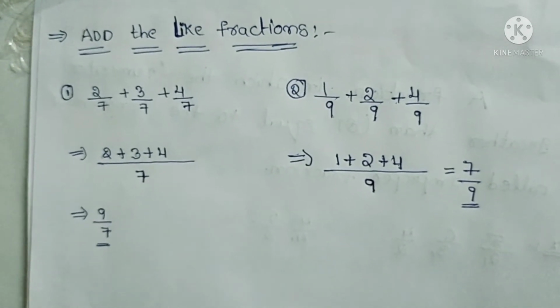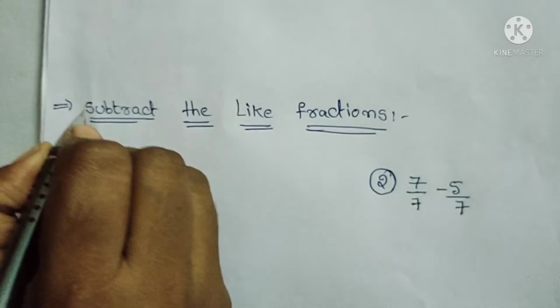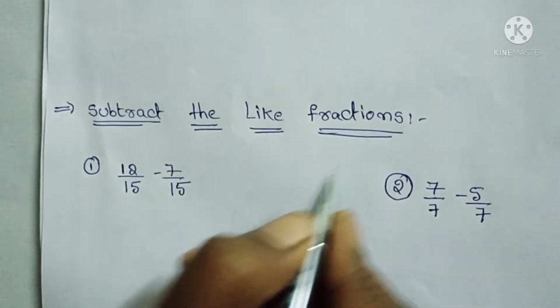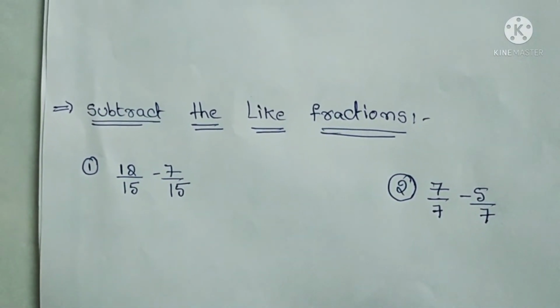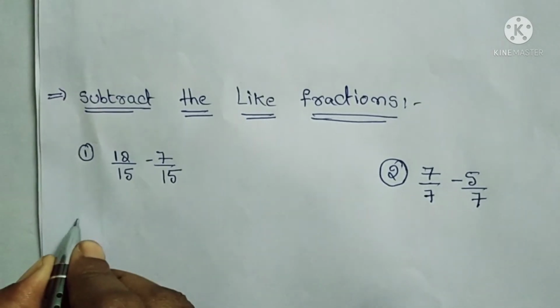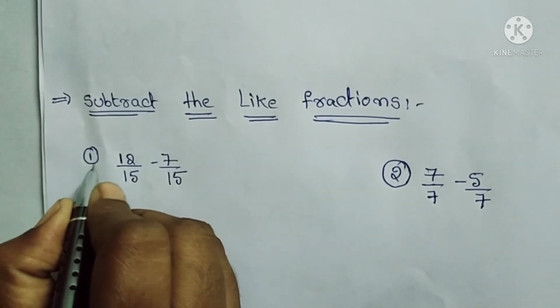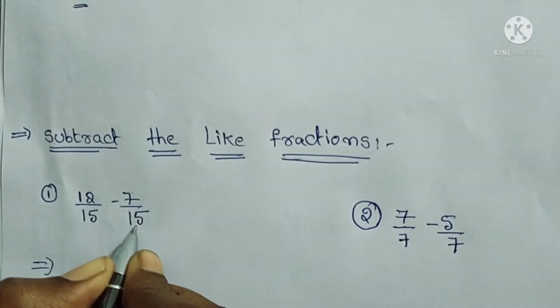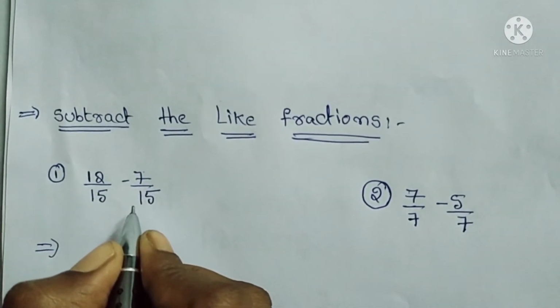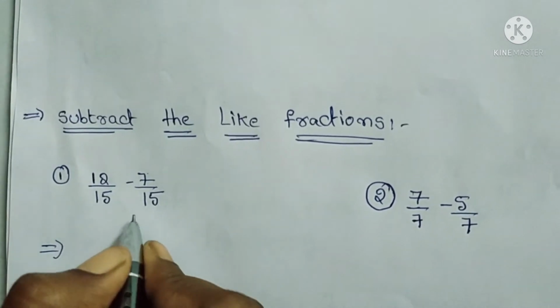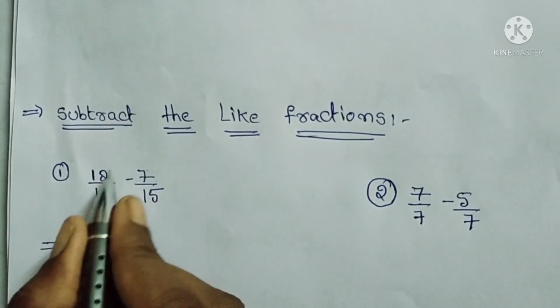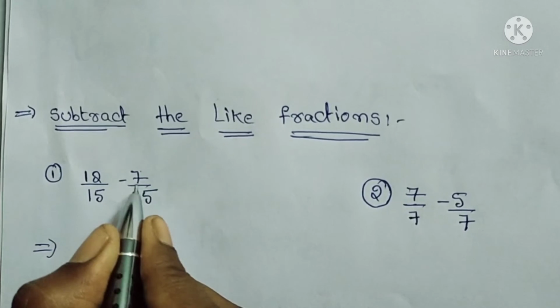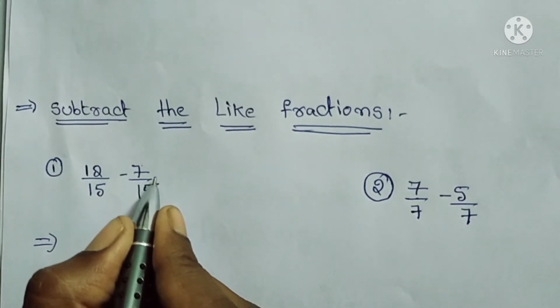Similarly, subtract the like fractions. For example, 12 by 15 minus 7 by 15. To subtract, we subtract only the numerators, and the denominators are written the same.